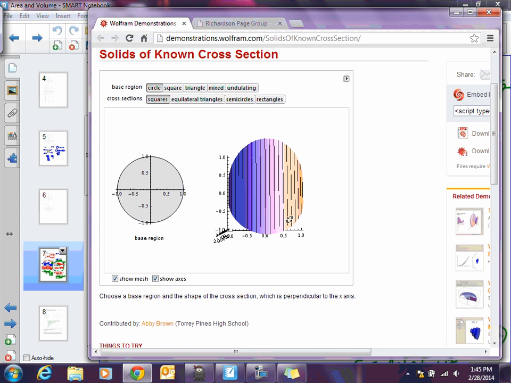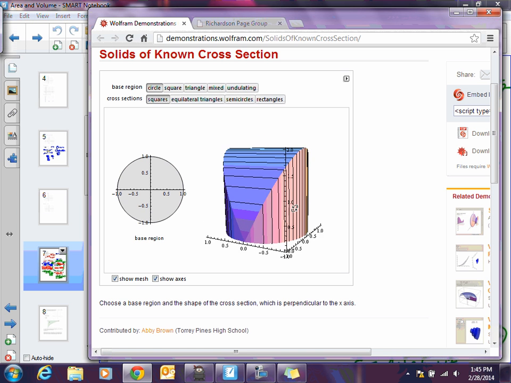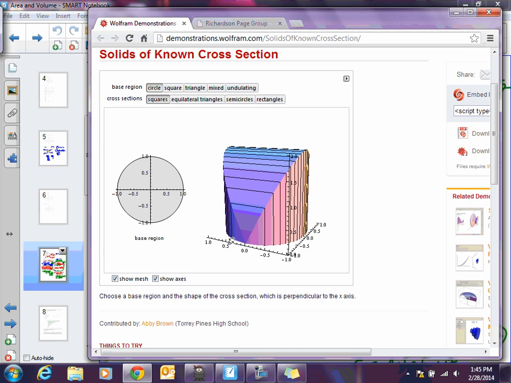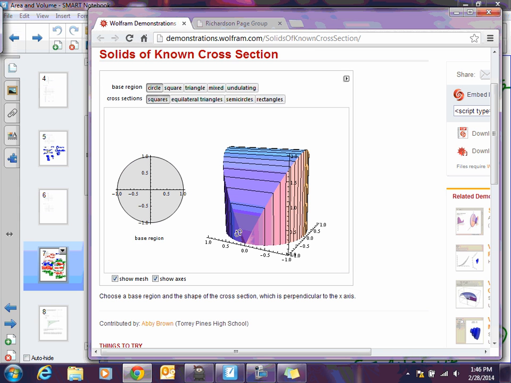You can't really see that when you're looking at your paper or when you're looking at this picture until I turn it, and you can see here there's all these squares. Okay, so here's a little square, bigger square. Okay, so they're all stacked up next to each other. And truly, when you integrate, there's infinitely many squares.